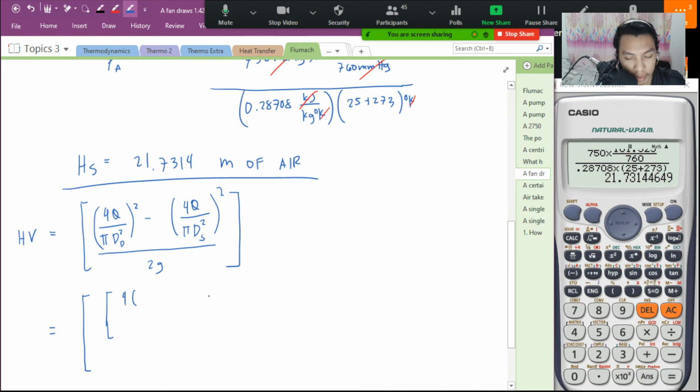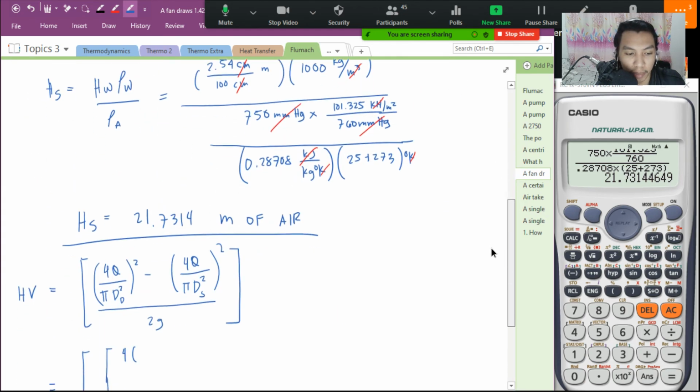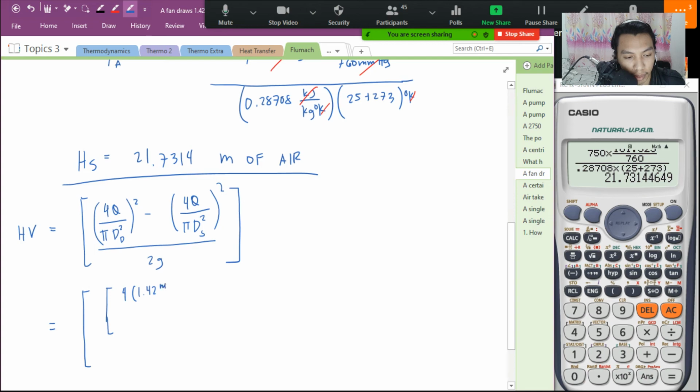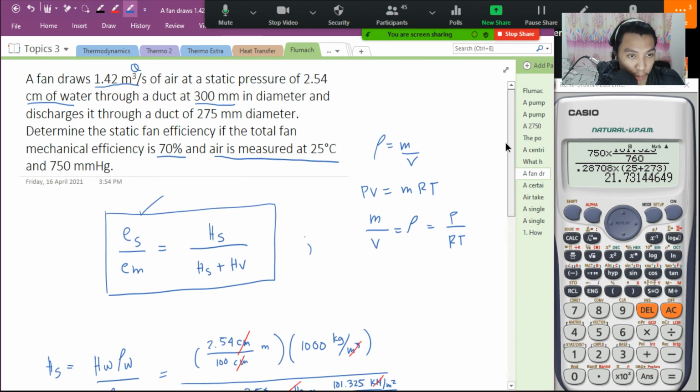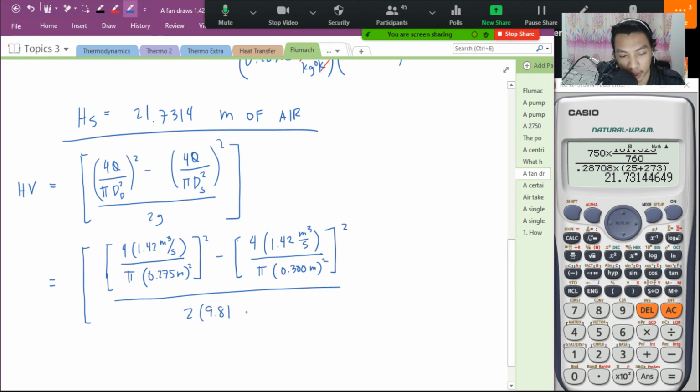So, 4 times 1.42 tapos 275 yung isa. 1.42 meter cube in every second per pi, 0.275 meter na 'to, squared, tapos square mo, minus, 4 times 1.42 meter cube in every second, divide by pi times 0.300 meters, square mo rin yung labas, divide by 2 times 9.81 meter per second squared.